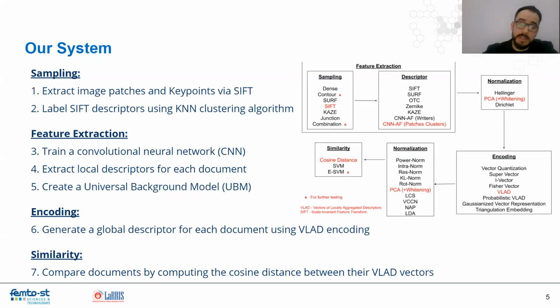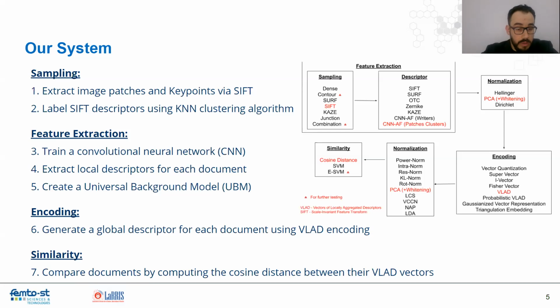Then we label the SIFT descriptors using the KNN algorithm. In the next step, we have the feature extraction using a convolutional neural network, a CNN. We train a CNN to extract local descriptors for each document, and then we create a universal background model for the training set, which we will use later to generalize the training data.